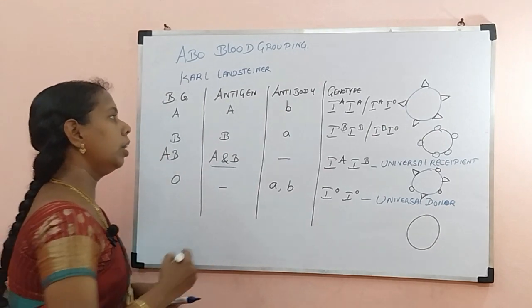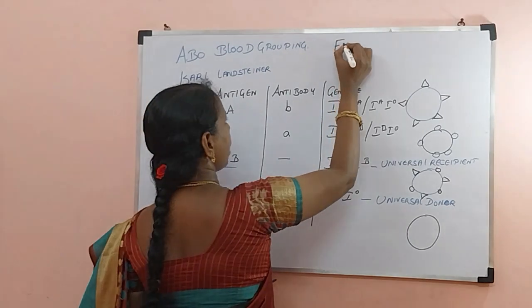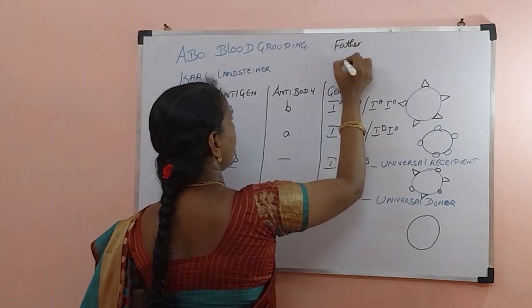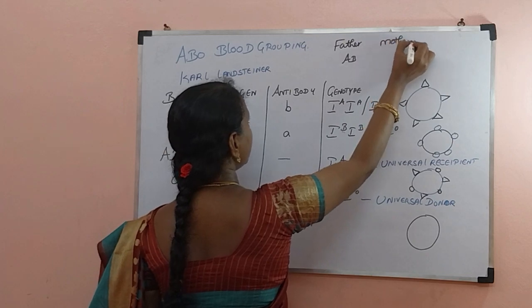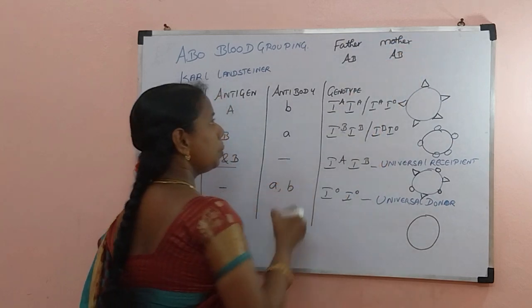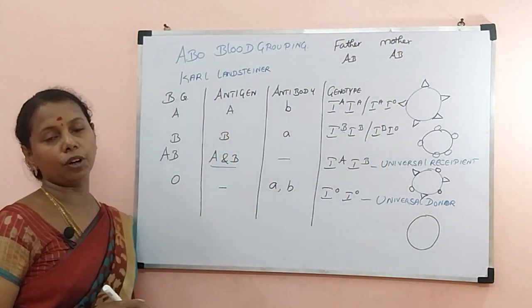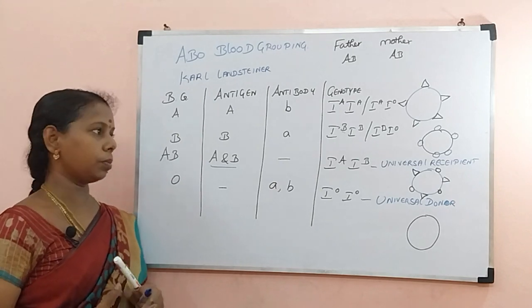For example, assume the father has AB blood group and the mother has AB blood group. Which blood group is not possible for the progeny? It's a possible question.